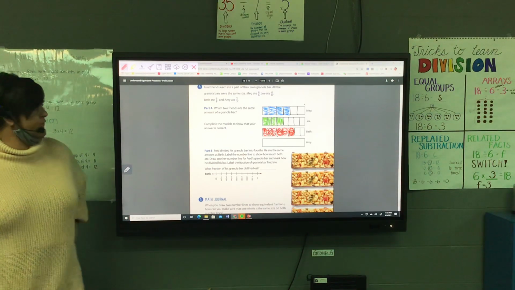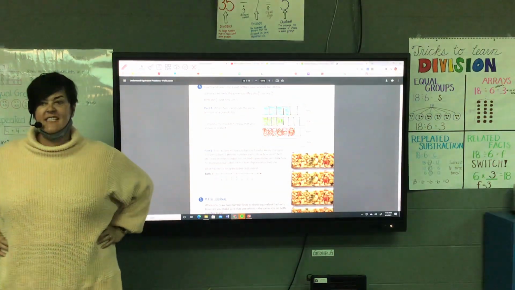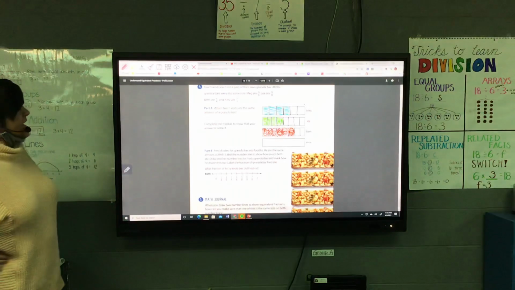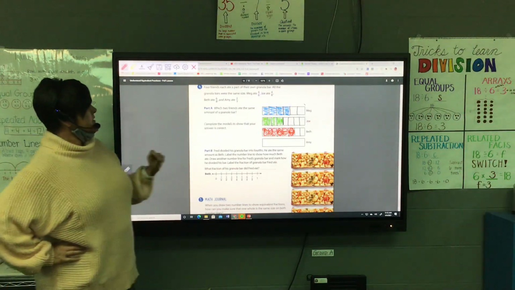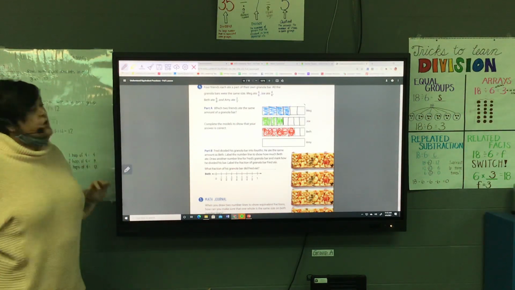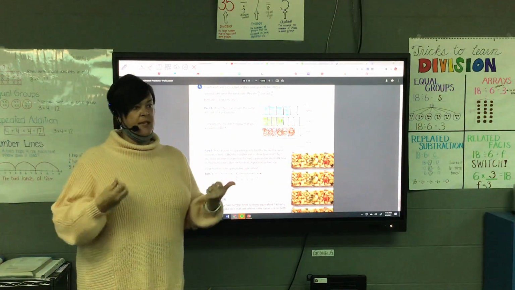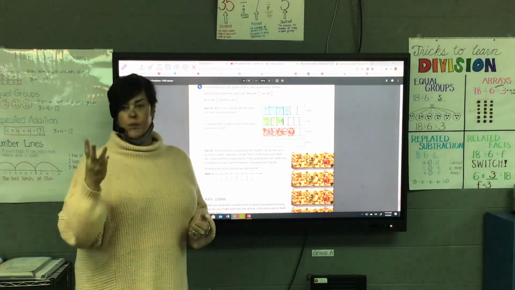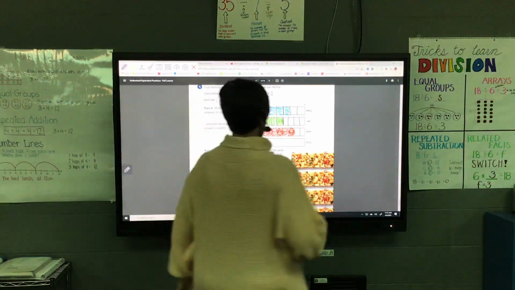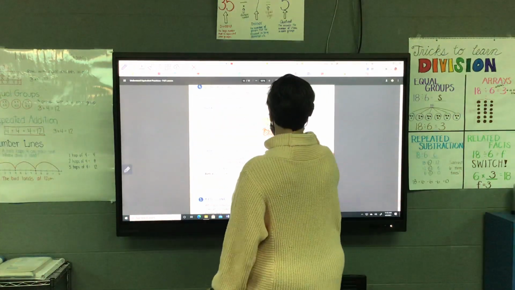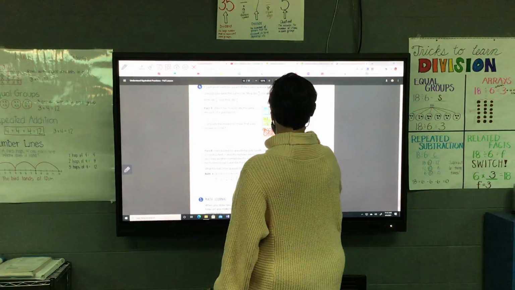Okay, we have one friend left, and that is Amy. Amy ate 2/3. So how many equal parts is her bar split into? 3. So we have to split this into 3 equal parts.